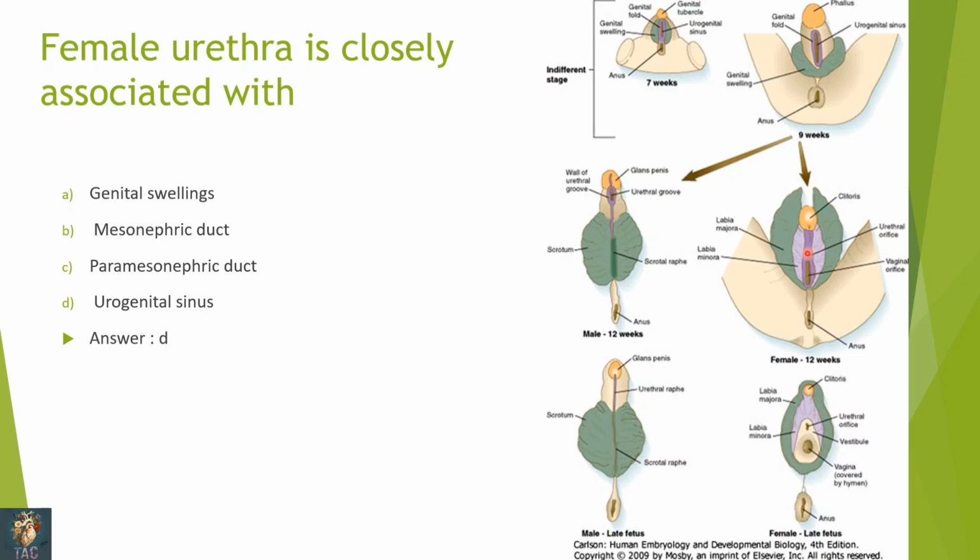On each side you can see the urethral swelling forming the labia minora and the genital swelling forming the labia majora. Here in this stage of development you can see the urethral orifice. Over here is the vaginal orifice. On each side the labia minora and labia majora are present. So as all these structures are in close relation to the urogenital sinus, the correct option over here is D.